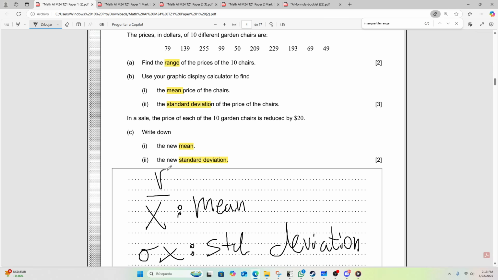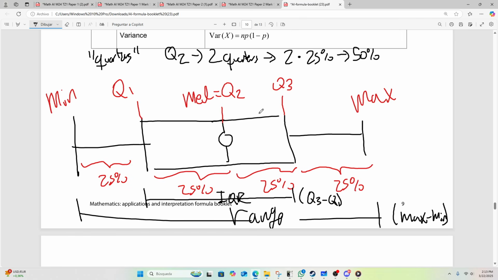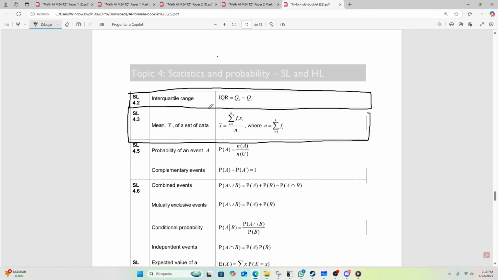So for range, it's the max minus min. Okay, so in this context, it would be the 255 minus the 49, which is the same thing that shows up here, the 255 and the 49. All right, that would be for the mean, right?